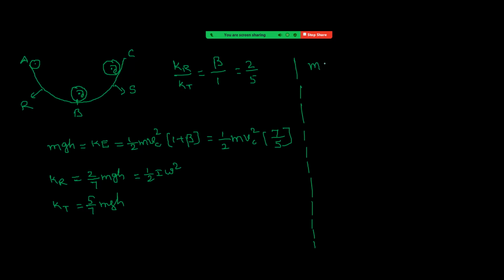So rise in the gravitational potential energy mgh dash is nothing but loss of kinetic energy because of translation, which is equal to 5 upon 7 mgh. mg cancels, h dash is equal to 5 upon 7 into h.